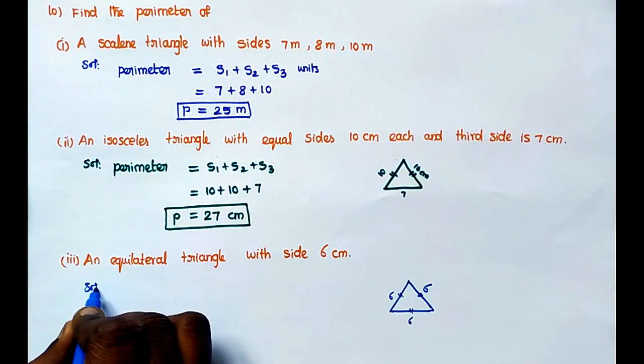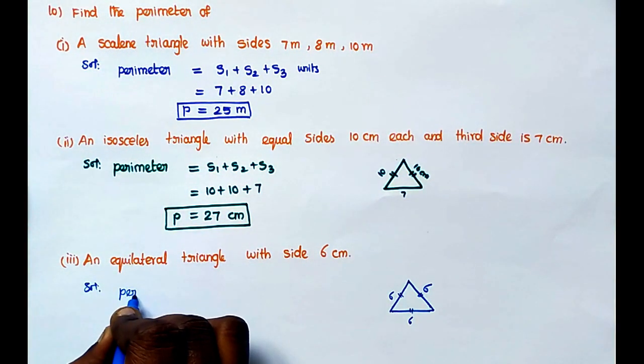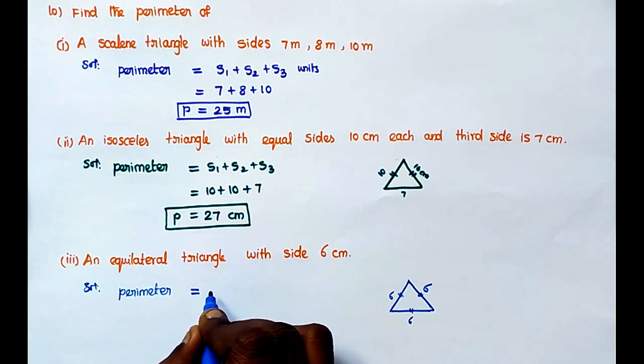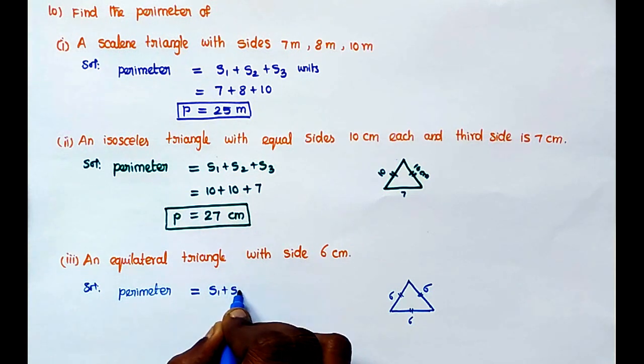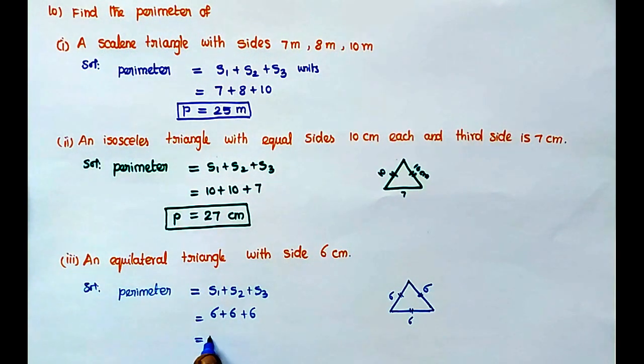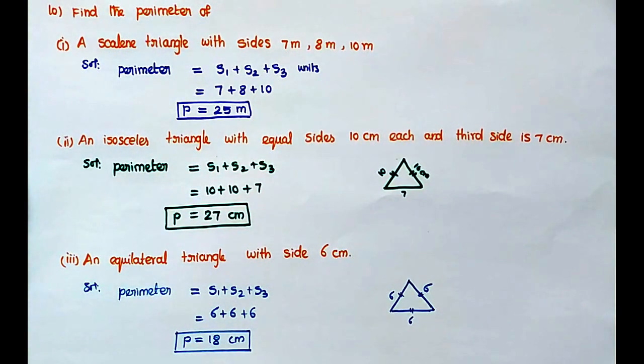Therefore, perimeter is equal to S1 plus S2 plus S3, that is 6 plus 6 plus 6, that is 18 centimeter. That is the perimeter of equilateral triangle. That is the answer.